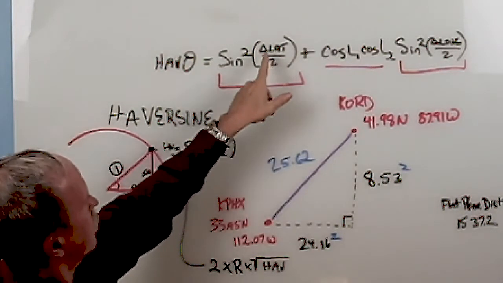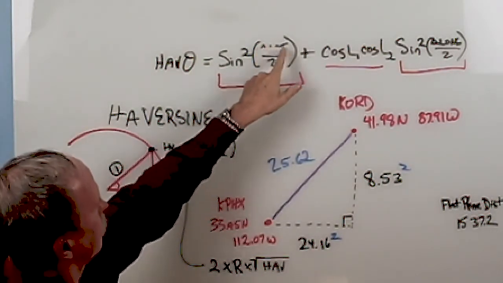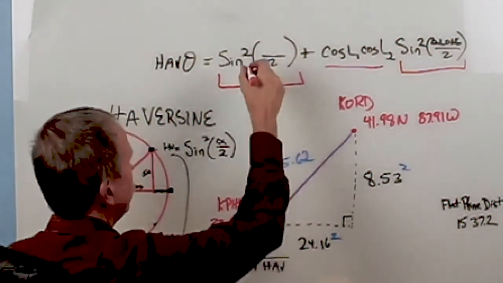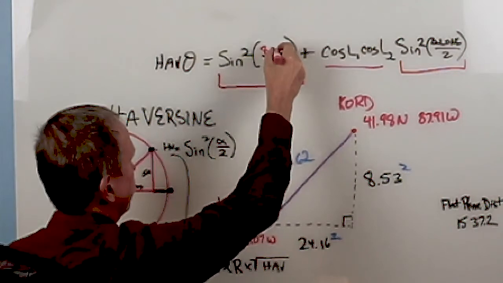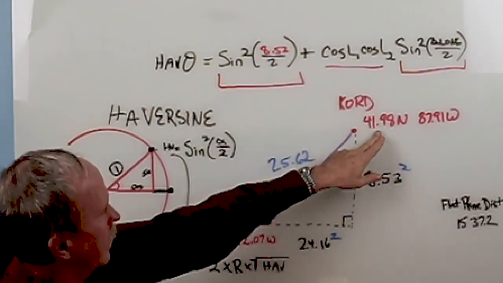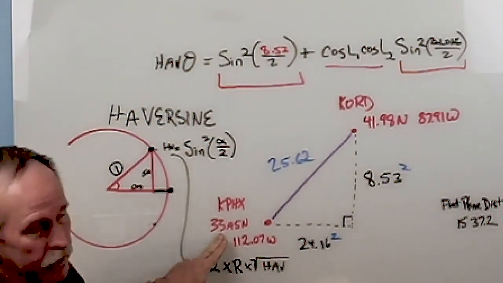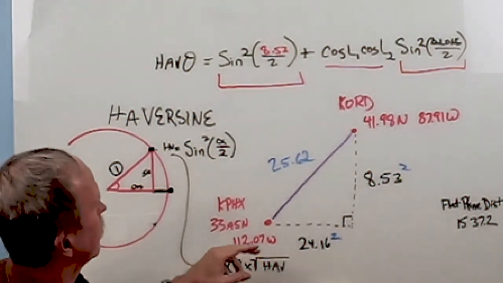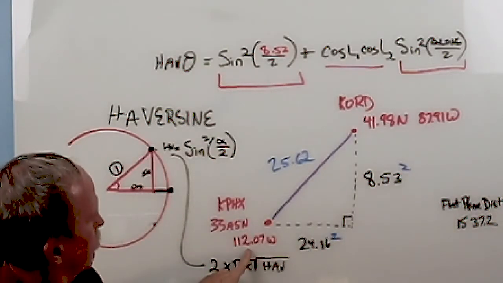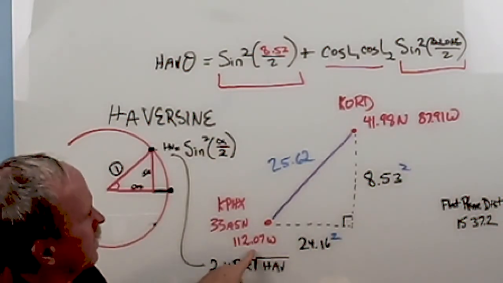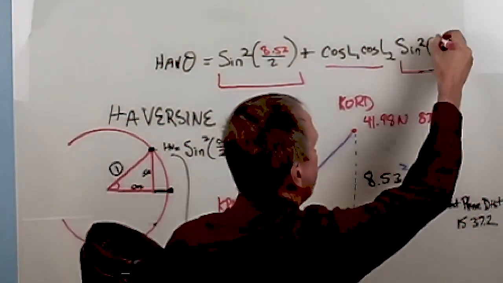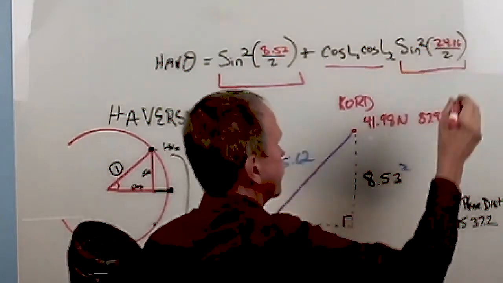Well, here, the change in latitude is going to be 8.53 degrees. That's basically 41.98 minus 33.45. The change in longitude will be 112.07 to 87.91. And that comes out to 24.16.